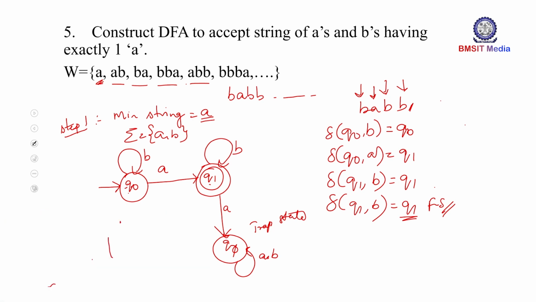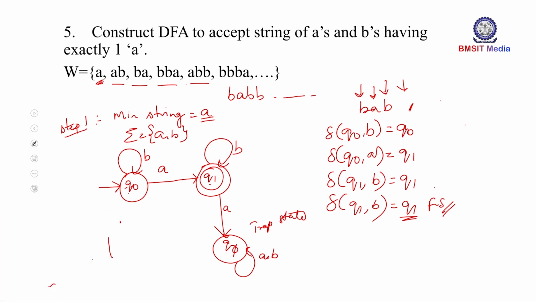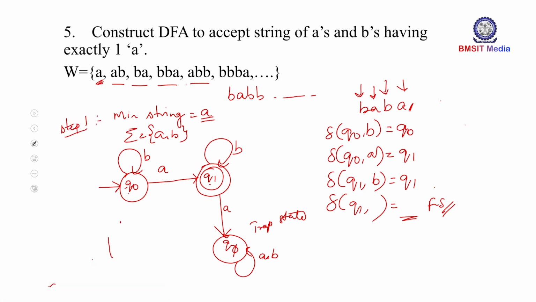Now let me take one more condition. What happens if I see A instead of B at the end? Instead of B, what happens if I have an A?